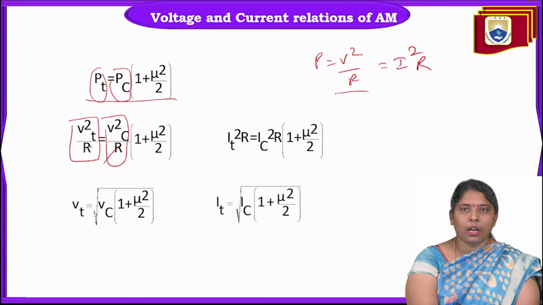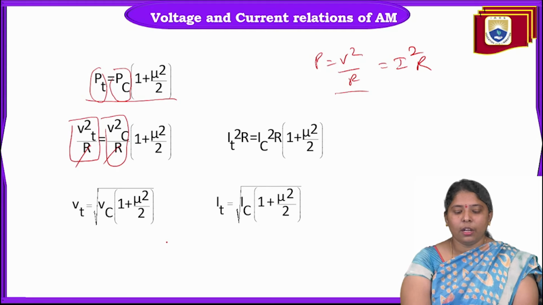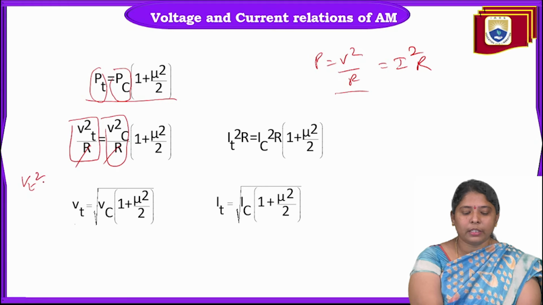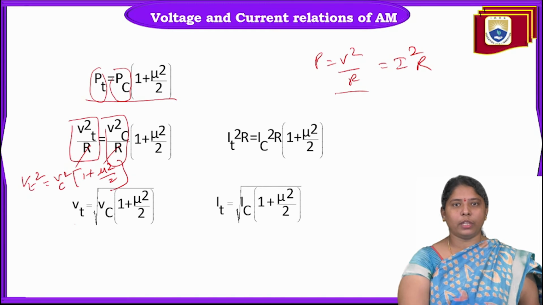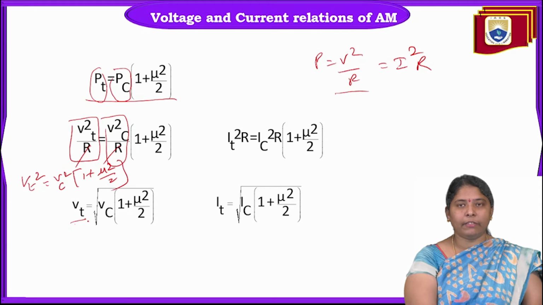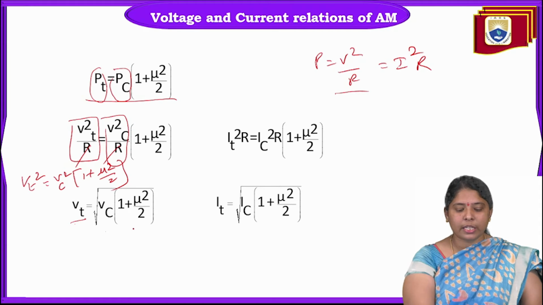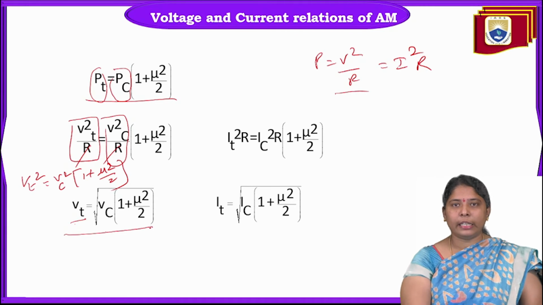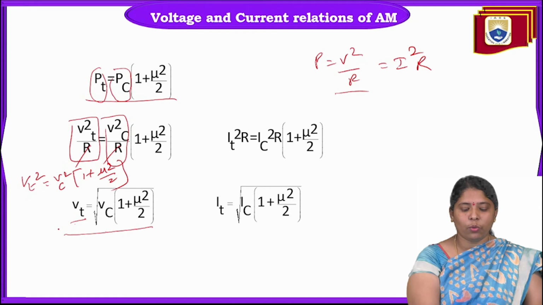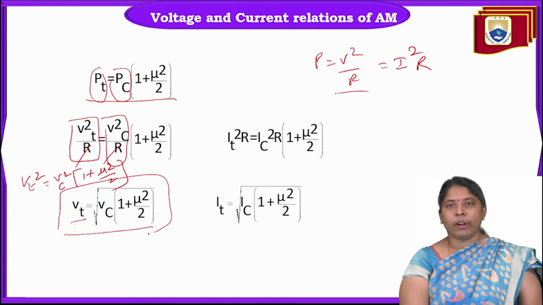If we cancel R on the LHS and RHS, we get Vt square equal to Vc square into 1 plus mu square by 2. So Vt equals Vc into root over 1 plus mu square by 2. This is the voltage relation of an AM wave.